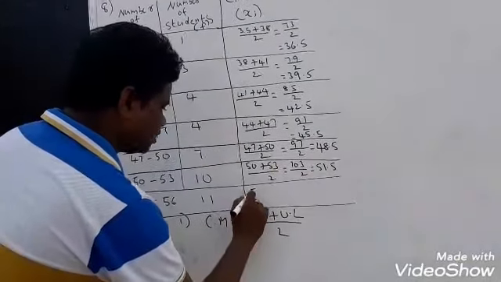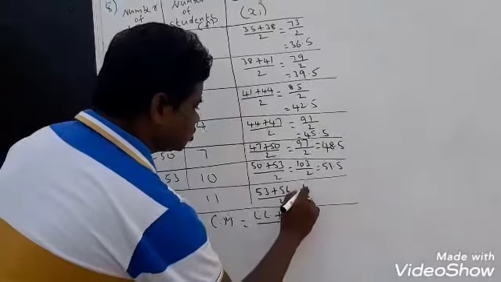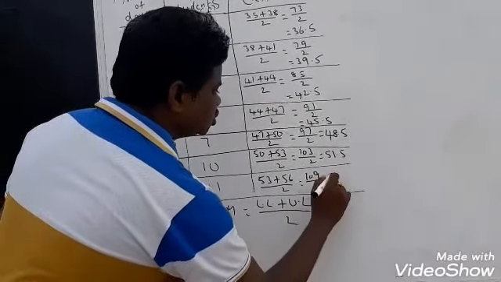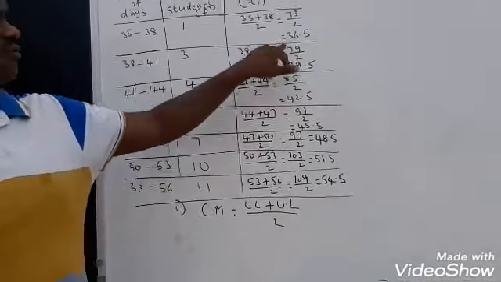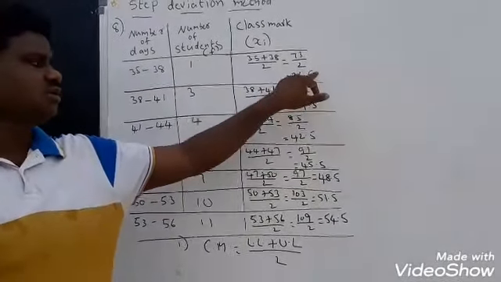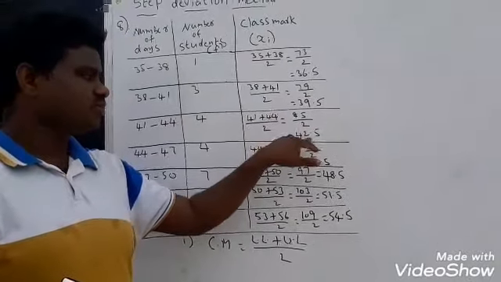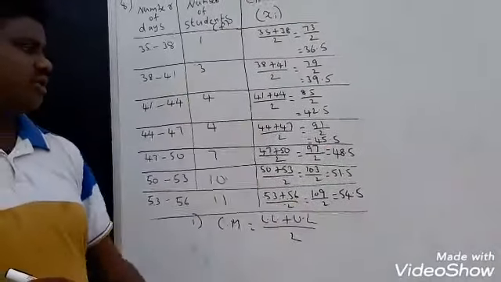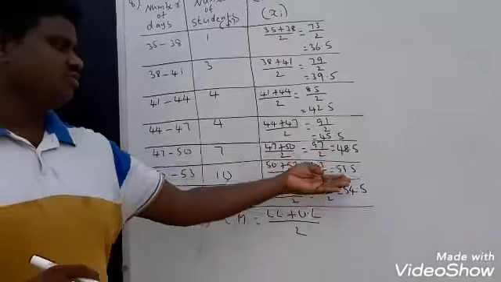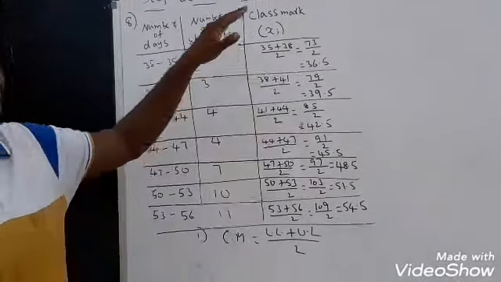Last class interval, 53 plus 56 by 2, that is 109 by 2, you will get 54.5. If you observe, 36.5, plus 3 is 39.5, plus 3 is 42.5, then 45.5, 48.5, 51.5, 54.5. No need to write the steps.